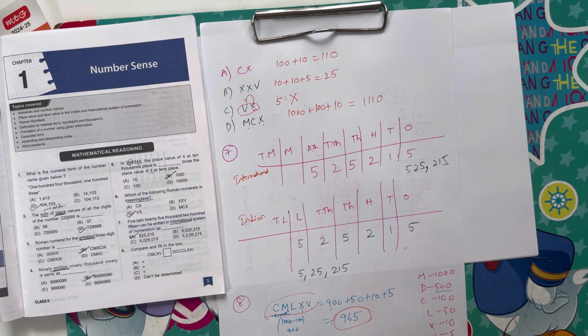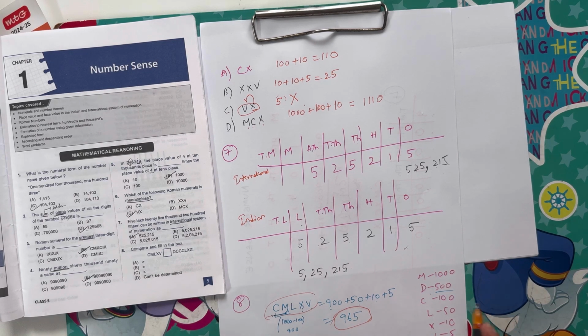So 500 plus 100 is 600, 600 plus 100 is 700, 700 plus 100 is 800, 800 plus 50 is 850, 850 plus 10 is 860, 860 plus 10 is 870, and 871 is the value of this.